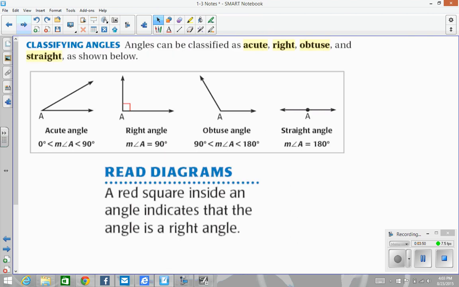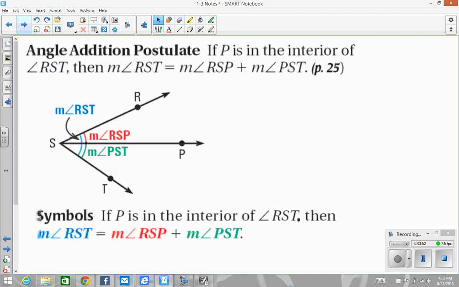All right. So the postulate we need to learn is the angle addition postulate. This is postulate 1-8. So 1-8 is the number for this postulate. You want to highlight it in your postulate and theorem sheet when you get them.